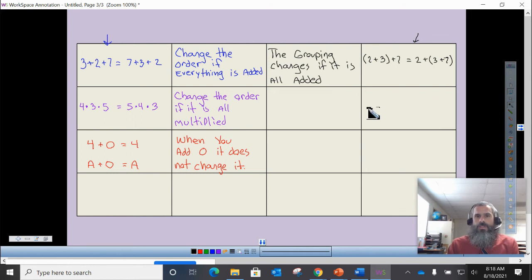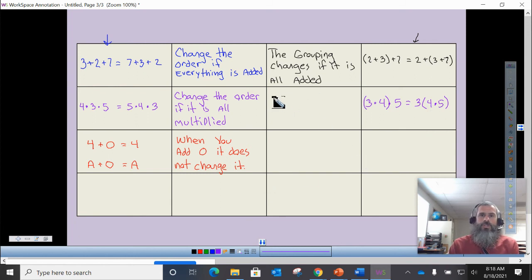And the same idea works for multiplication. So now this one is the associative property of multiplication. And it says that if they put parentheses around 2 of the numbers being multiplied, but you would like to move those parentheses because you want to multiply those first, that's okay.